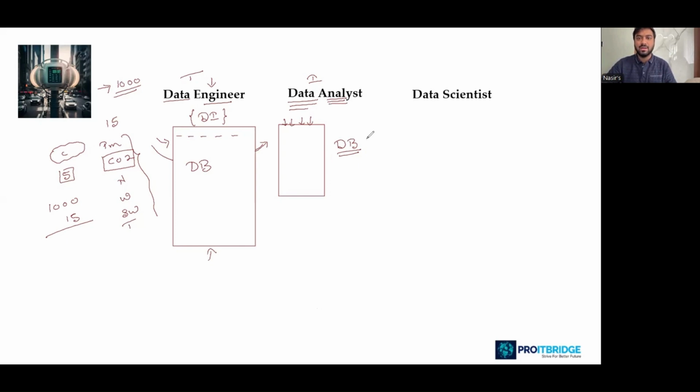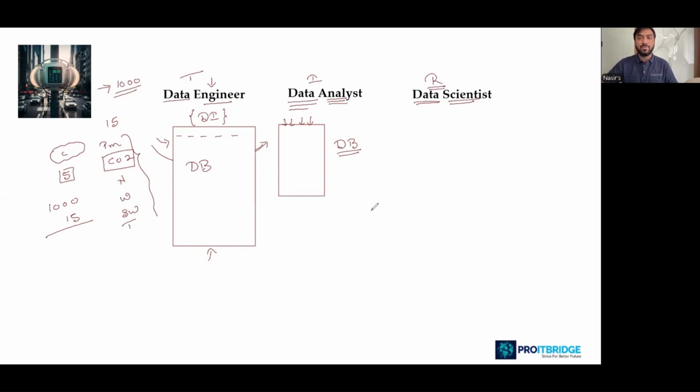All right. Then after this, data scientist. What is the job of a data scientist then, Nasir? See, data scientist, Rajesh, we are going to go one step ahead. What he's going to do is make the predictions. At this particular time, there will be higher pollution.